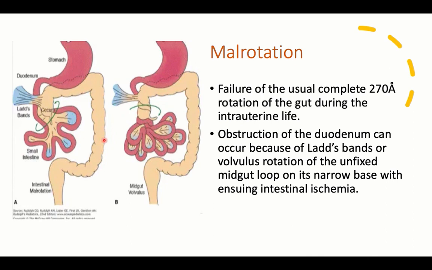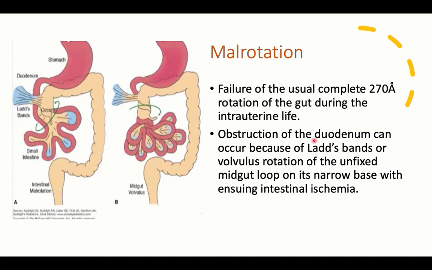This rotation can end in volvulus, resulting in intestinal obstruction and interruption of the blood supply, ending in venous engorgement and ischemia of the intestinal loop. This can be fatal, ending in intestinal strangulation, perforation, and death.